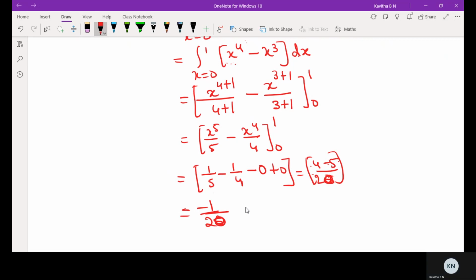Okay, RHS is equal to minus 1 by 20. This is the required solution.